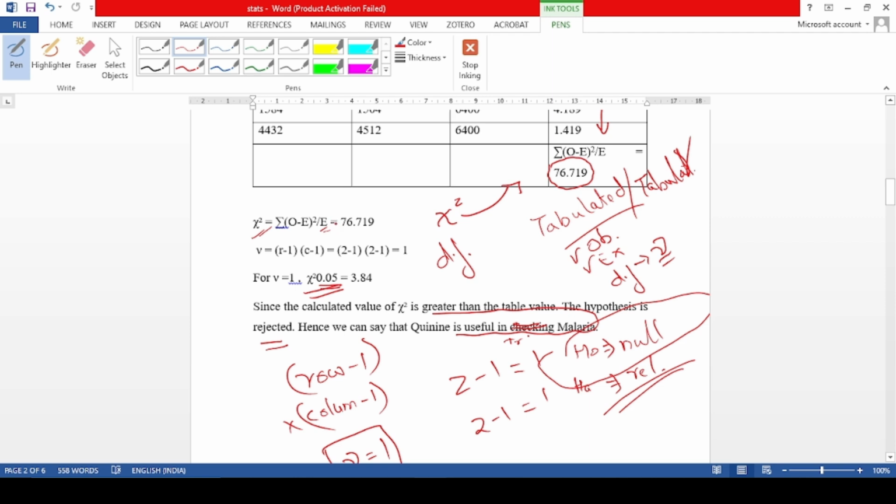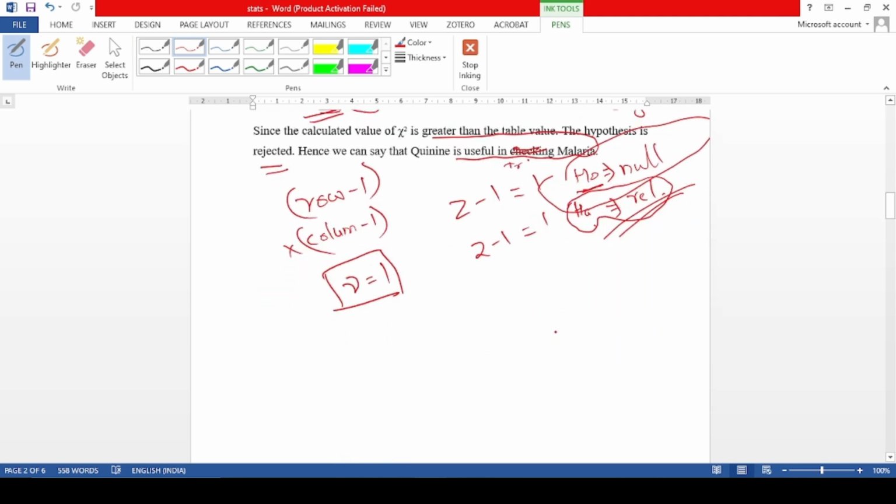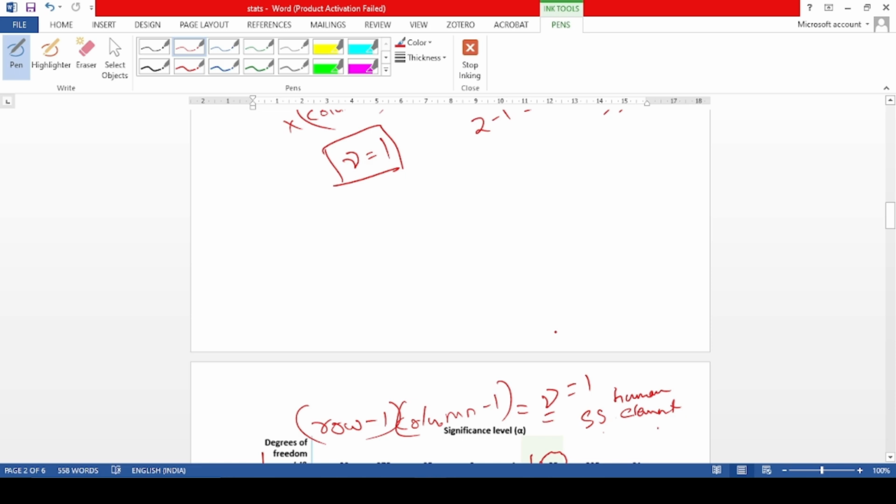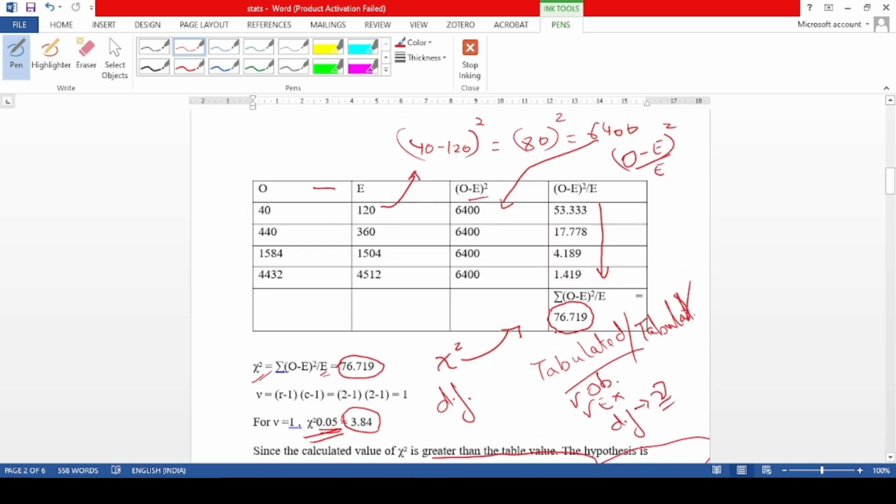Here the value of calculated chi-square is greater than the value of tabulated chi-square, so we can reject the null hypothesis stating that there is no relationship. Hence, the alternate hypothesis is accepted, and we can say that quinine is useful in treatment of malaria. So this is the first numerical that we have performed.